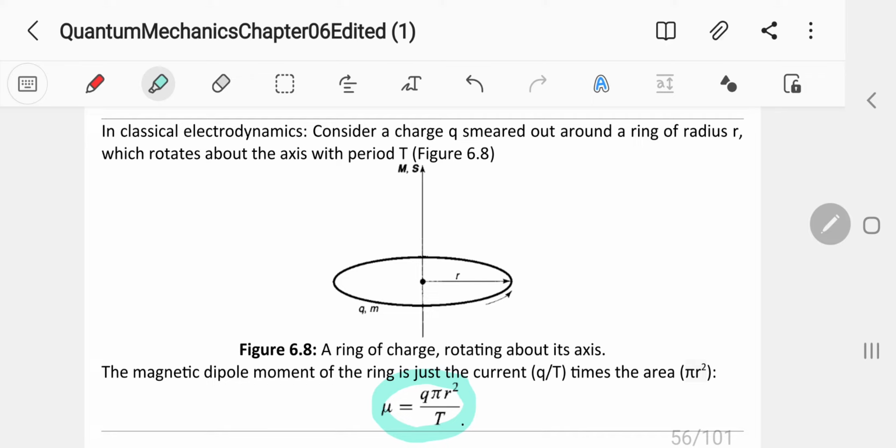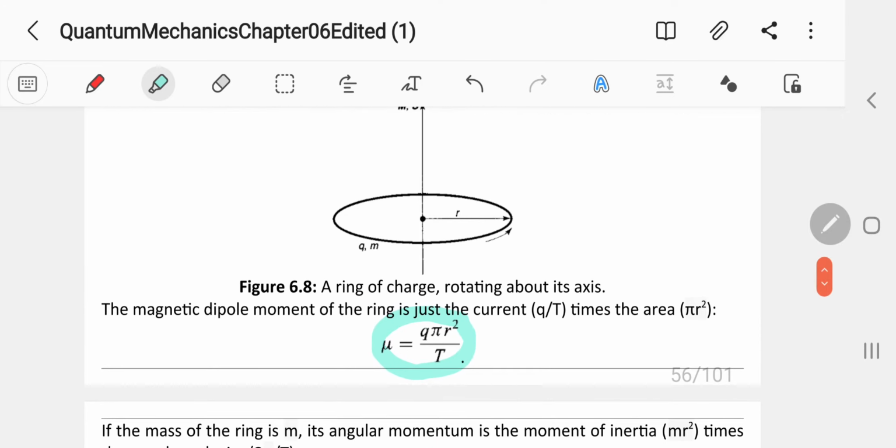So in classical electrodynamics, if you consider a charge Q smeared evenly around a ring of radius r, which rotates about the axis with period T, then our mu will just be given by this.